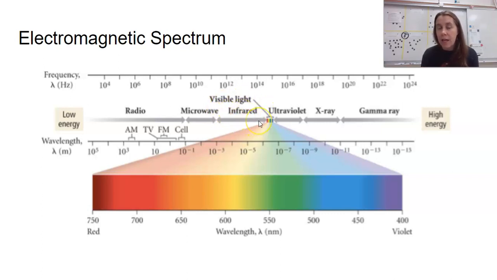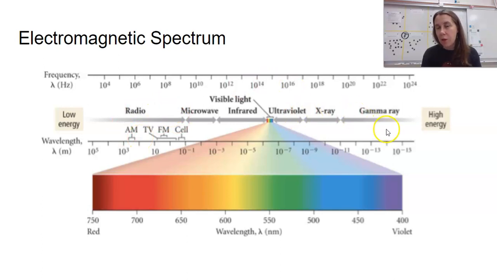It's close to the visible, but just a little bit lower in energy. Microwaves are what we use to heat up our food. So obviously that takes some energy, but we don't want too much energy or they would be dangerous, right? And then radio frequency, that's where our cell phones fall, and it's where the radio, your TV signals, all that kind of stuff is in the radio range. So we consider that low energy and relatively safe.